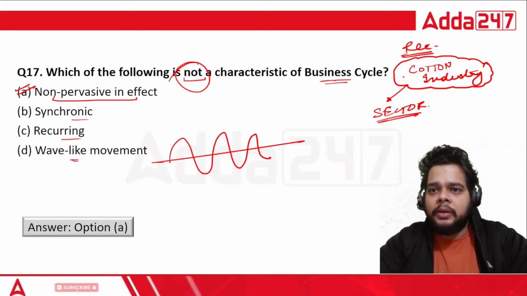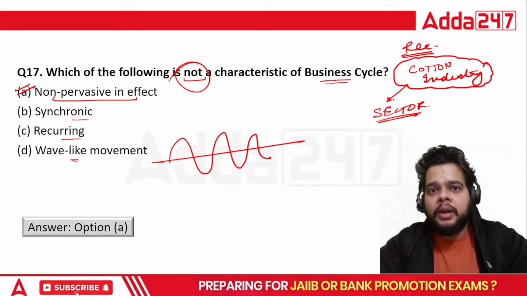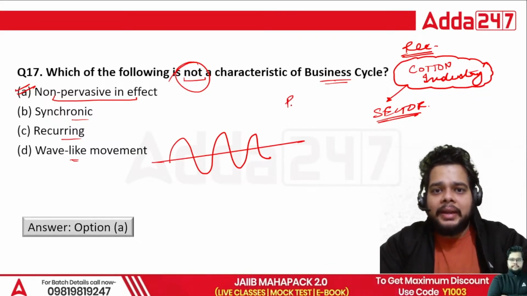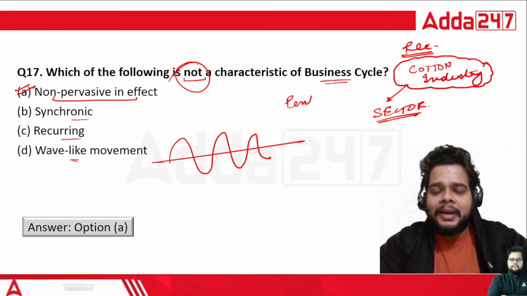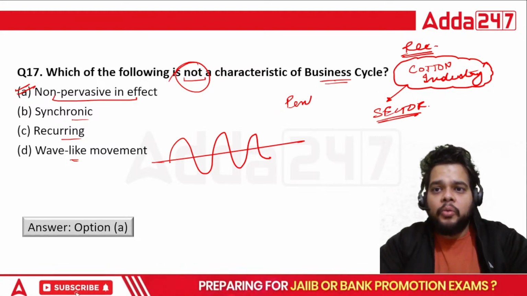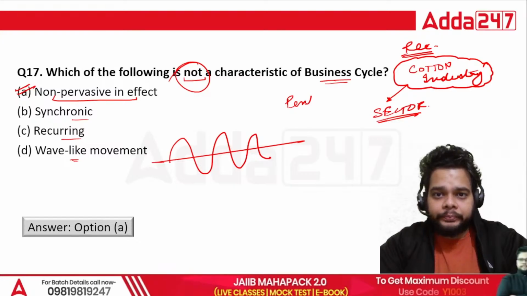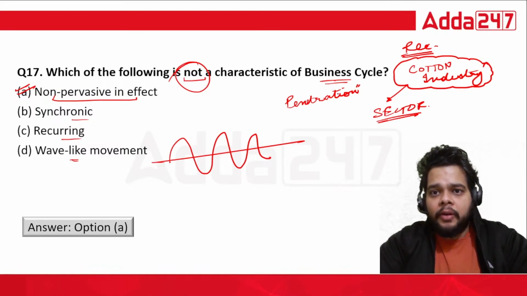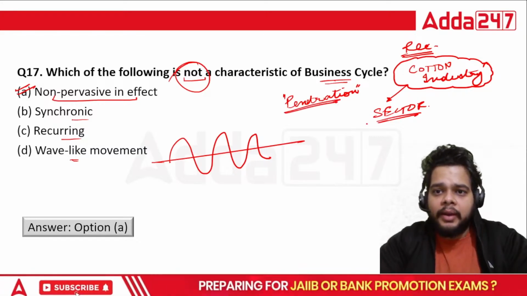This particular characteristic is known as pervasive. That is penetrating. Penetration means you are moving from one industry to another industry, and overall the secondary sector will get hit.